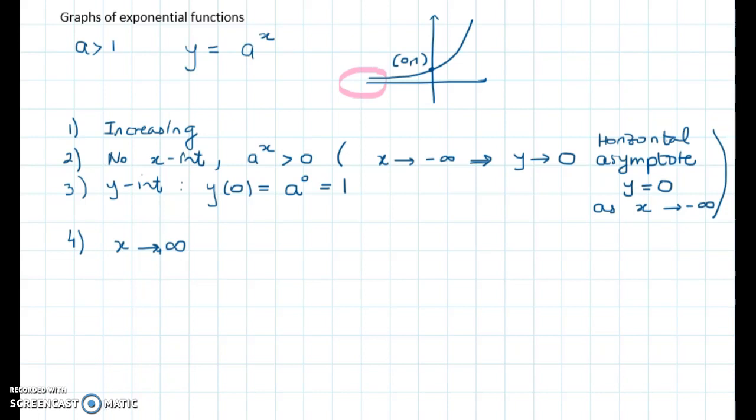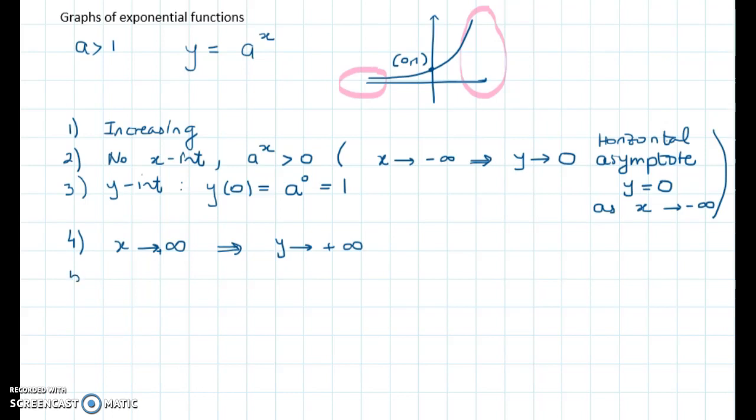Now we are talking about what's happening in this part of the function over here. What happens to the function as the values of x increase and increase? What we can see from the picture is that the values of y also increase and increase. So we write that y approaches also positive infinity.